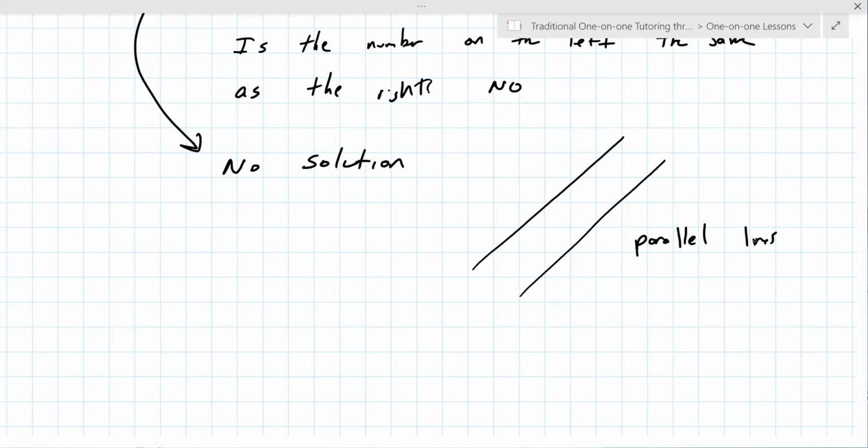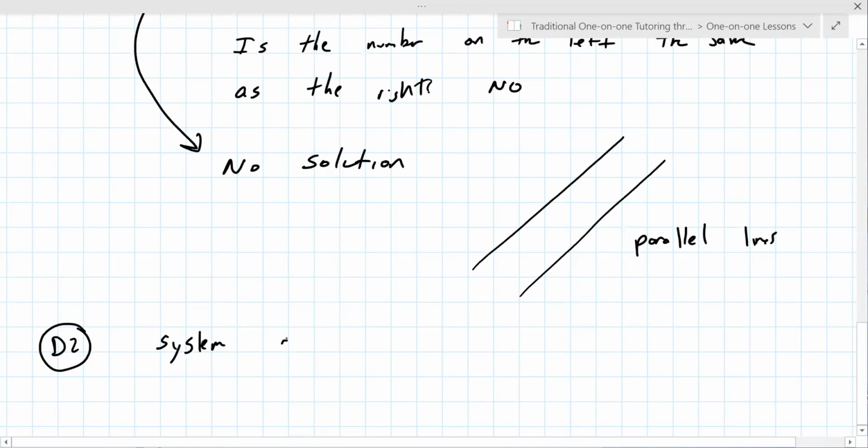I wrote it down. All right, so we're going to move on to D2, the system of equations. Okay. D2, the system of equations.